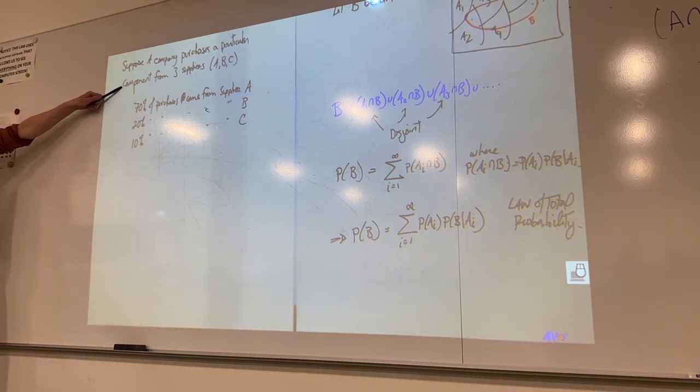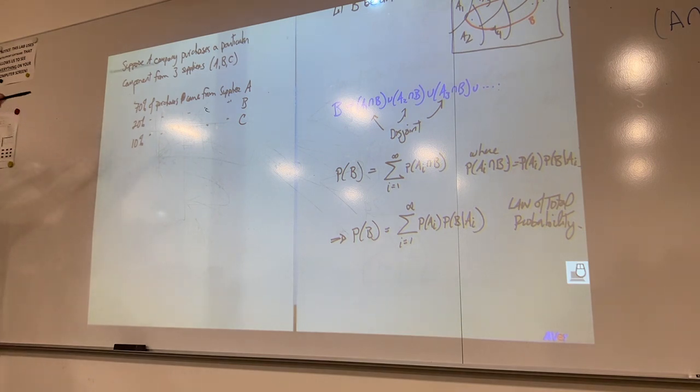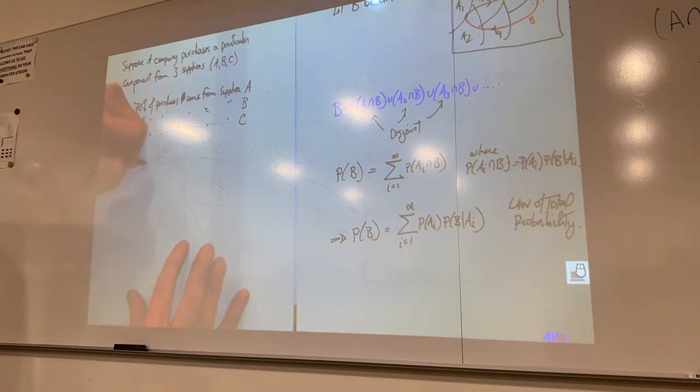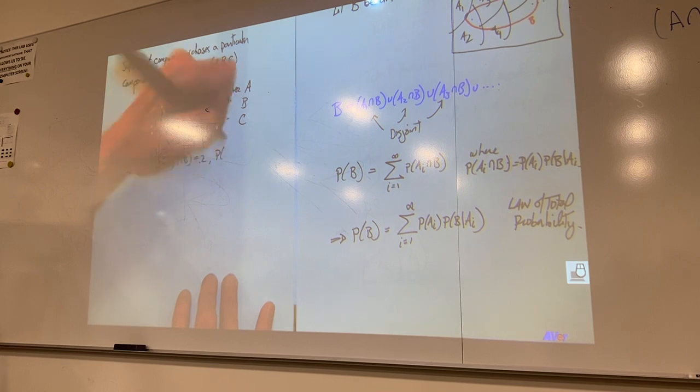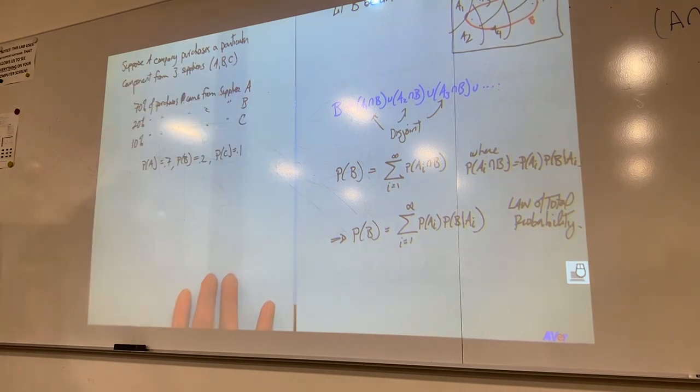No single component can come from more than one supplier. You also see that it exhaustively covers all the components we have in stock. We see from here that the probability that a random part comes from supplier A is 0.7, from supplier B is 0.2, and the remainder come from supplier C.